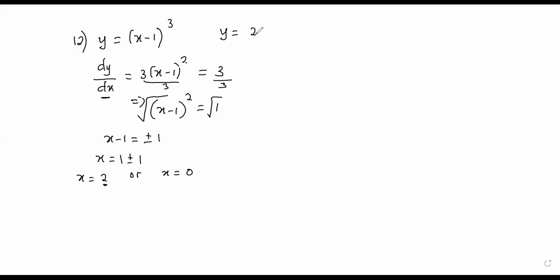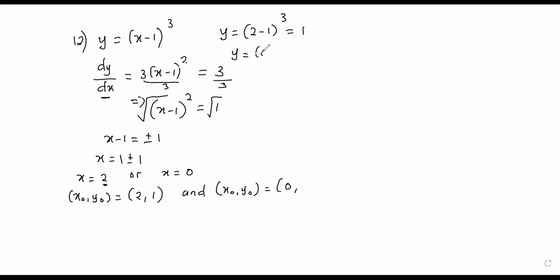We'll have (2 minus 1) to the power 3, which is equal to 1. So we have a point (x naught, y naught) which is (2, 1). And another one: we substitute 0 in y and this will be -1. So (0, -1). These are the points that you're going to remember.